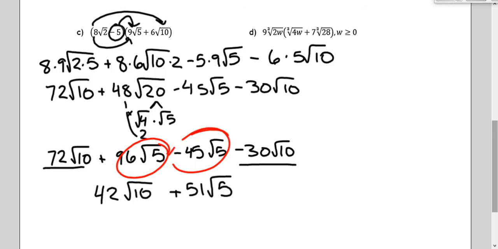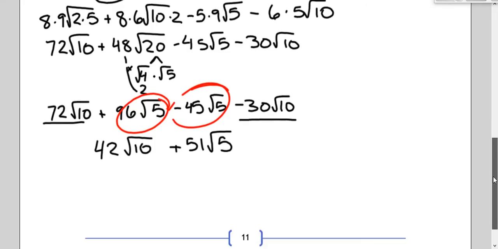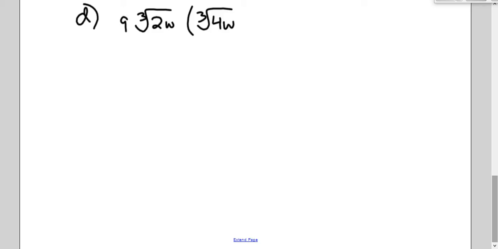Okay? I'm just going to extend my page down so I have enough room for this next one. So for D, it is 9 cube root 2w, bracket, cube root 4w plus 7 cube root 28.